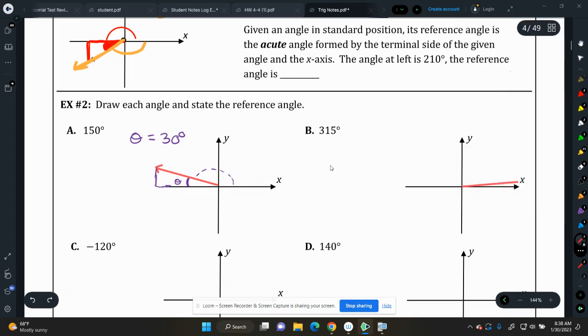If I started here and rotated 90, 180, 270, this would be 360, so I don't want to go quite that far. 315 is going to be right here. So here's my reference angle. Theta is going to be what? 45 degrees, yes.